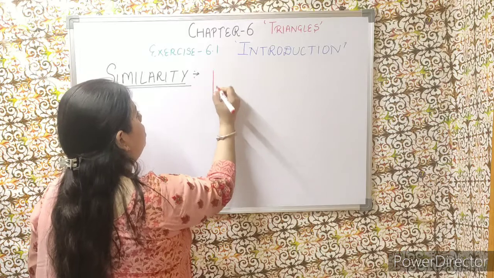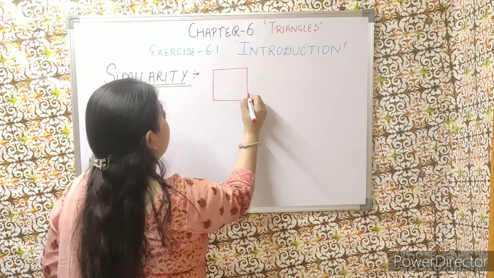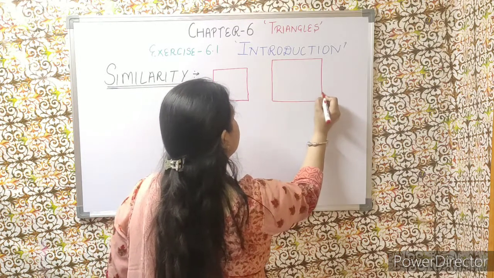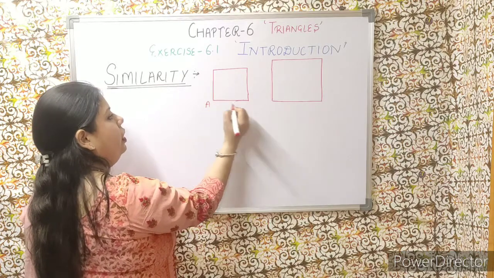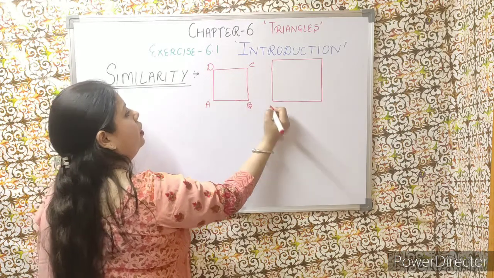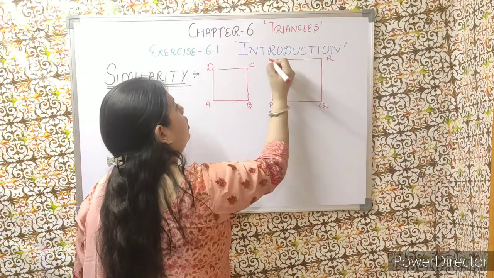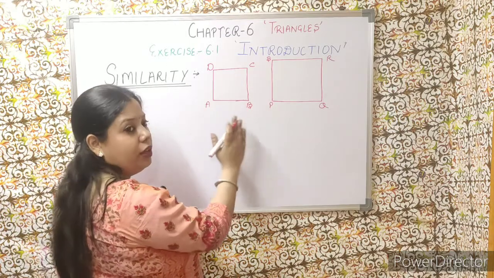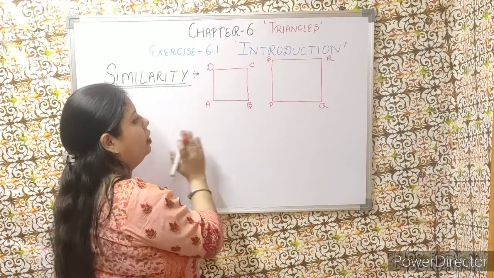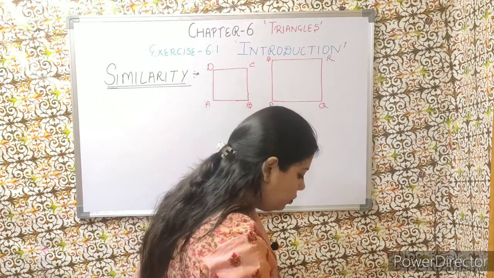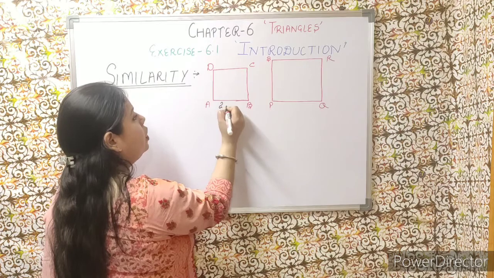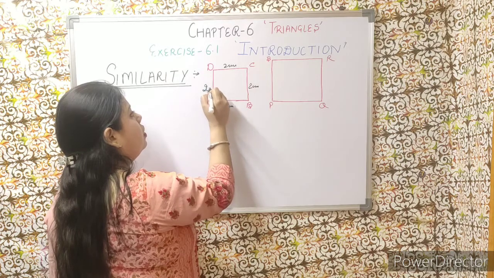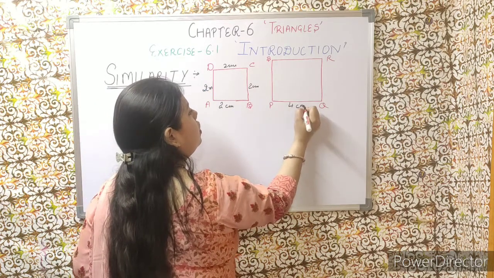Suppose I draw here two figures and both are squares. Let me name them A, B, C, D, P, Q, R and S. As we can see, both are squares, both have the same shape, they are similar. Now, suppose the side of this square is 2 centimeter each and the side of this square is 4 centimeter.